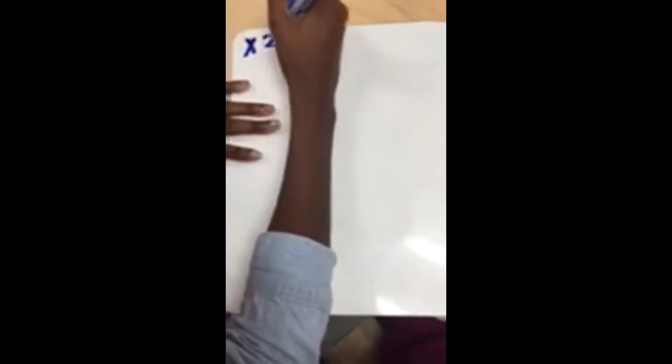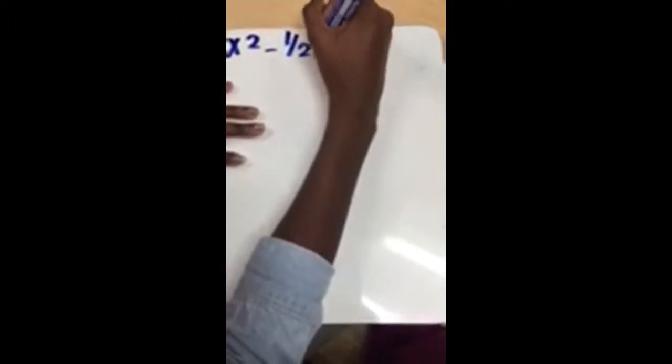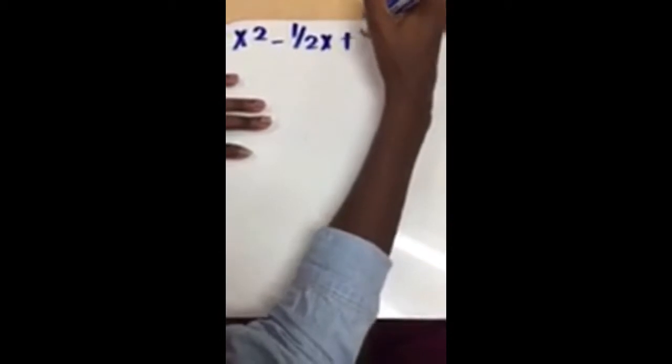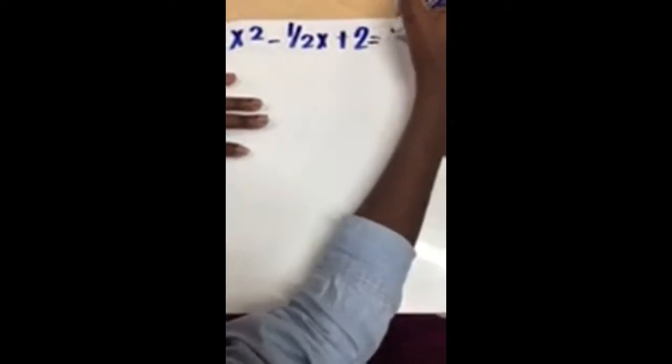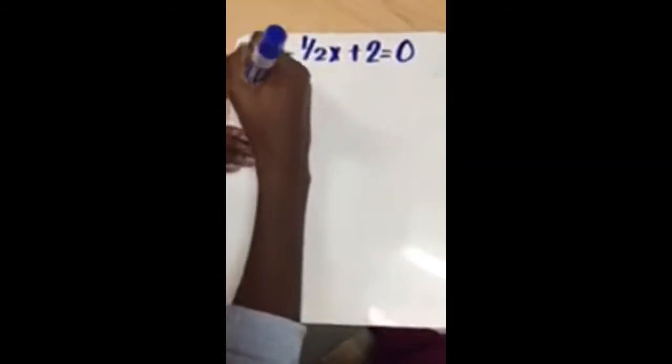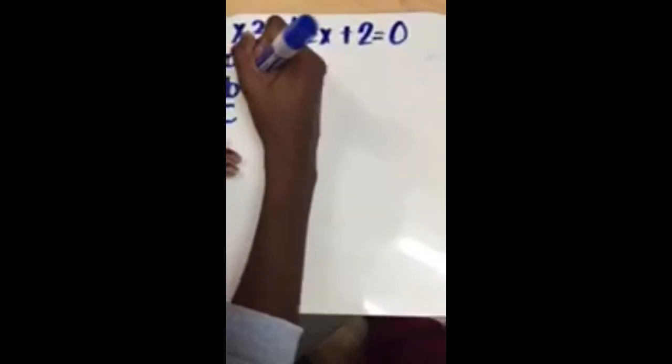Moving on to a difficult problem, it's x squared minus 1/2 x plus 2 equals 0. Again, we have to find our a, b, and our c.